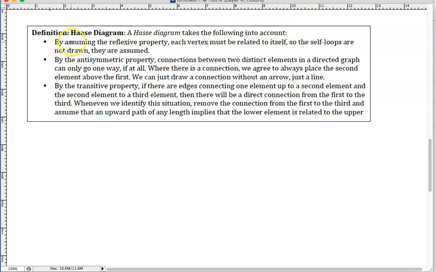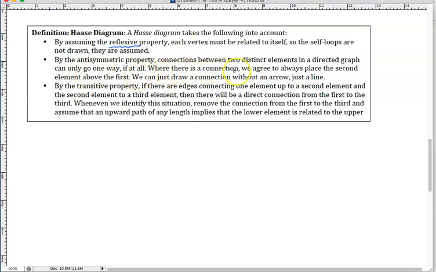Okay, so a Hasse diagram takes the following into account. Because a partial ordering has a reflexive property, each vertex must be related to itself. So it must have a loop, and we don't draw the loops because they're assumed to be there. By the antisymmetric property, a connection between two distinct elements in the directed graph can only go one way, if at all.